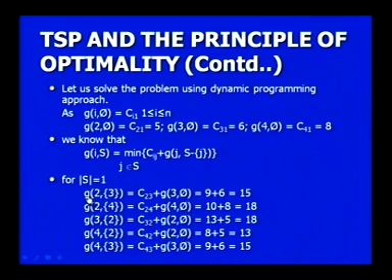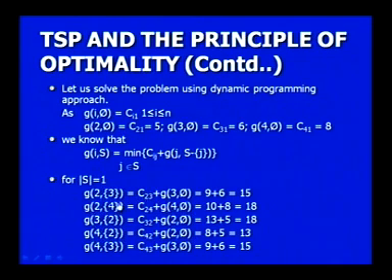Therefore, the problem becomes g of 2 via 3, I have to reach 1. So, this becomes the cost of 2 comma 3 plus the cost of starting from 3 and reaching 1, that is 3 comma 1. The cost of 2 comma 3 is 9 and 3 comma 1 is 6. Therefore, 9 plus 6 is 15.